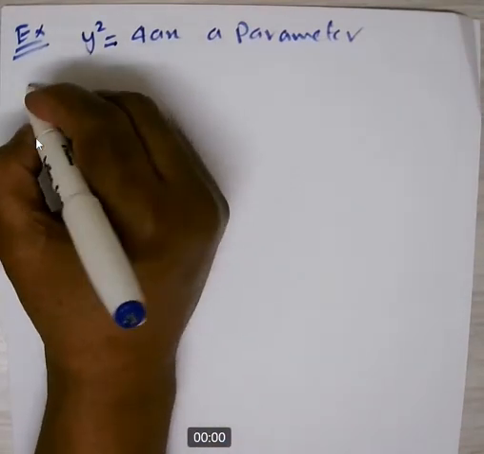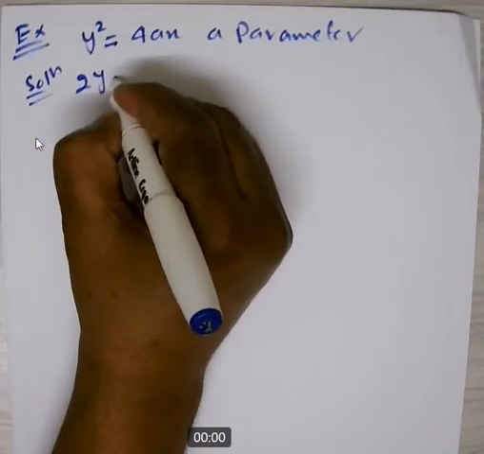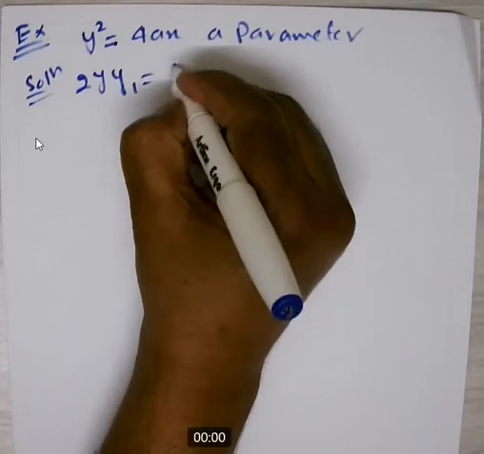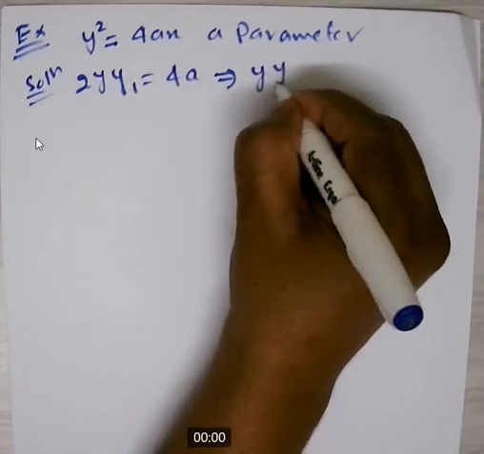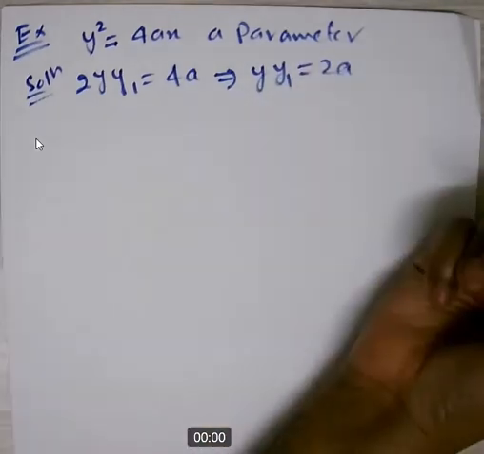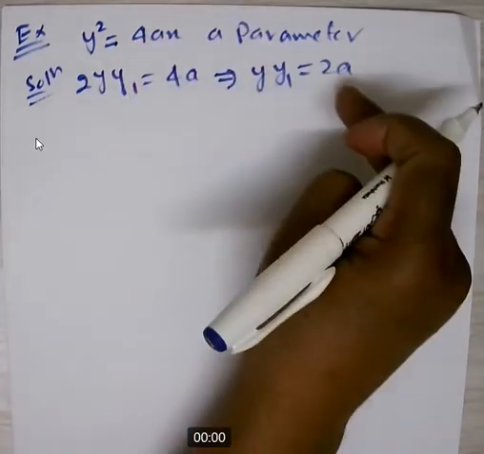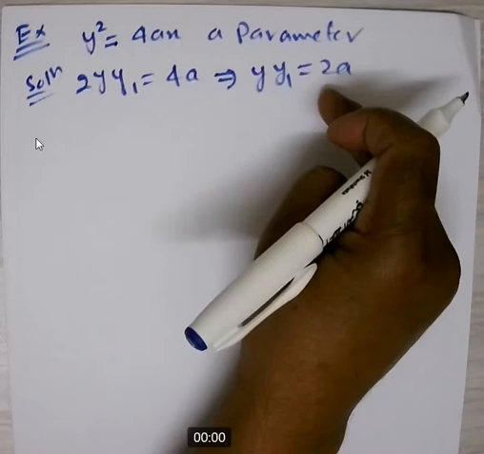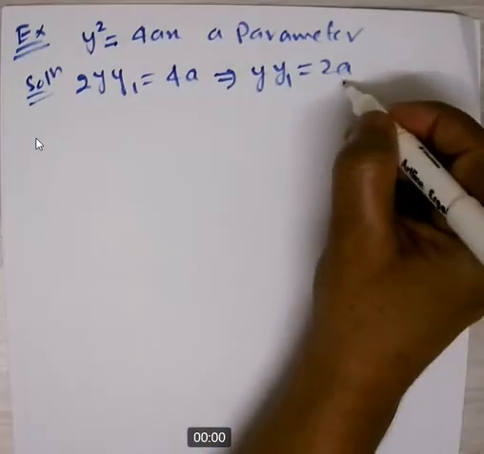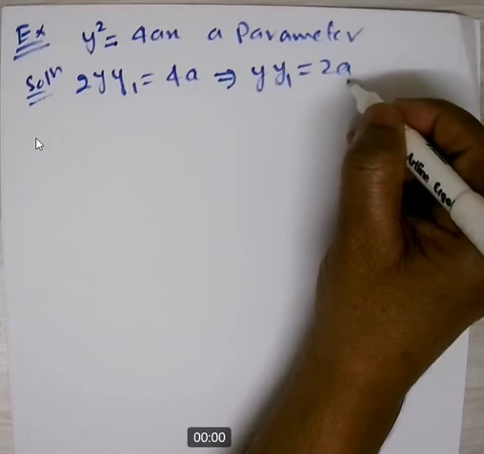The derivative of y square is 2y y1 equal to 4a, or you can cancel it, it becomes y1 equal to 2a.